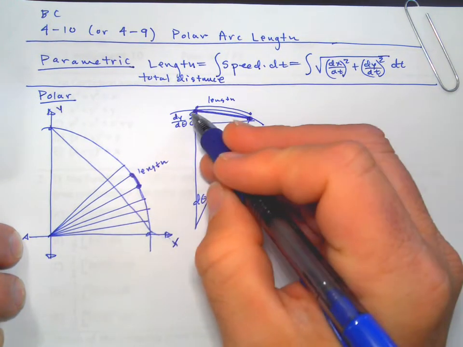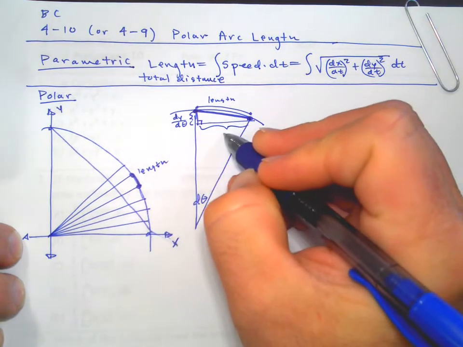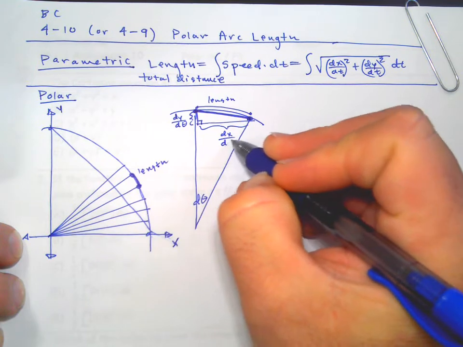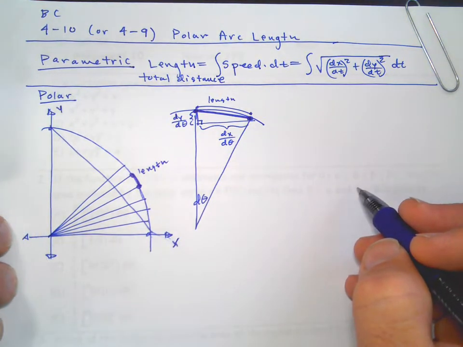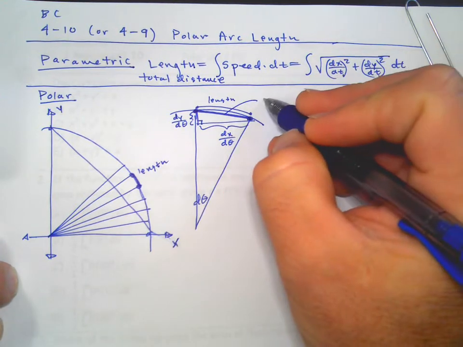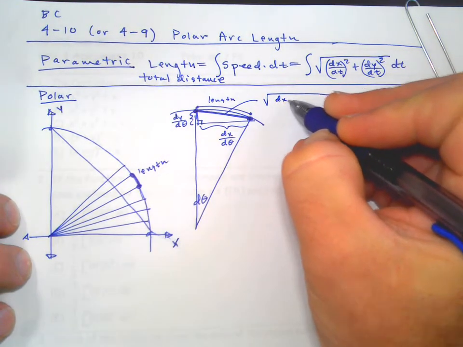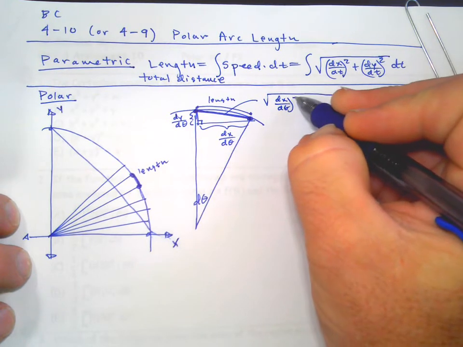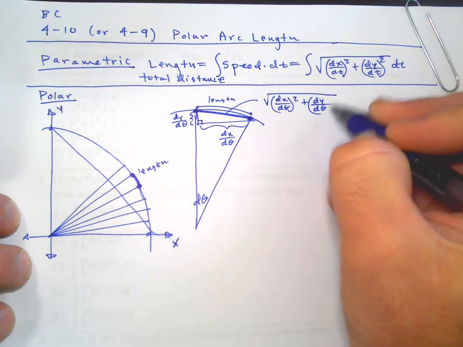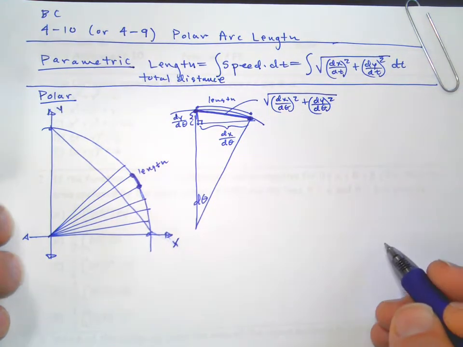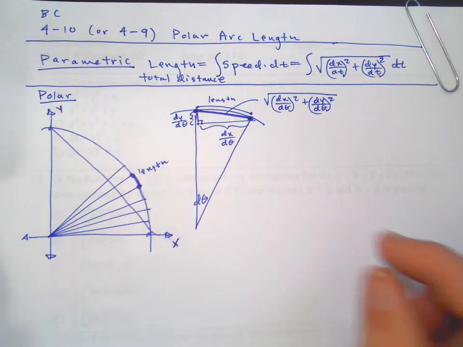As theta changes, the y coordinate changes, and then this is a small change in the x direction, dx/d theta. And so then the hypotenuse would be, from the Pythagorean theorem, dx/d theta squared plus dy/d theta squared, and then you take the square root. I mean, that looks a lot like what we use for parametrics.